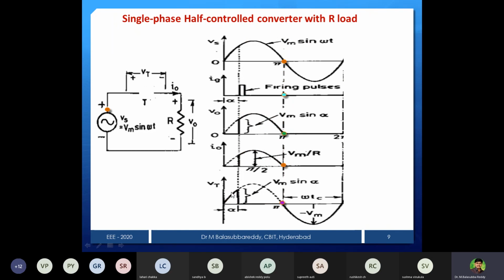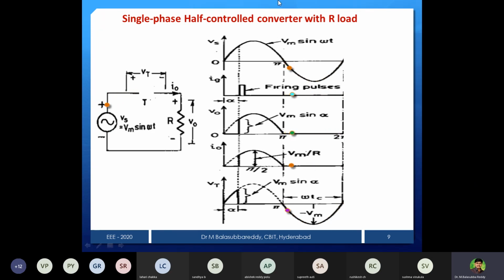Now, what will happen later when the device is in off state? How is the device going to be off? Because supply is 0, natural 0. By applying forced commutation, the device is going to be turned off. Then all the devices will be off. Now output voltage 0, current is 0, no firing pulses, voltage across the device is not 0. Why?